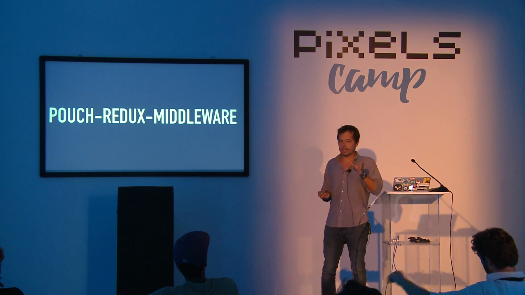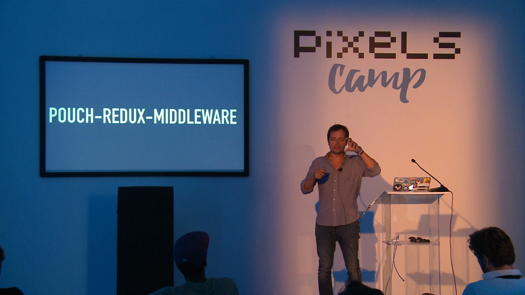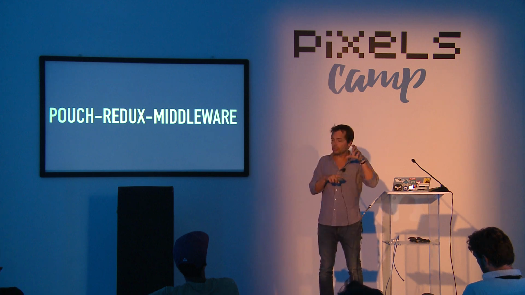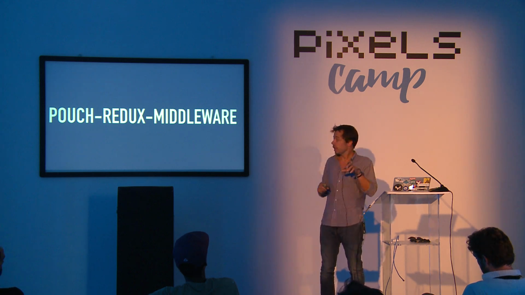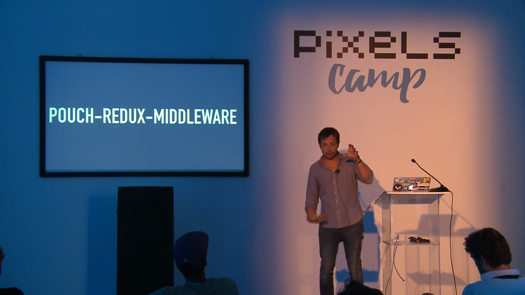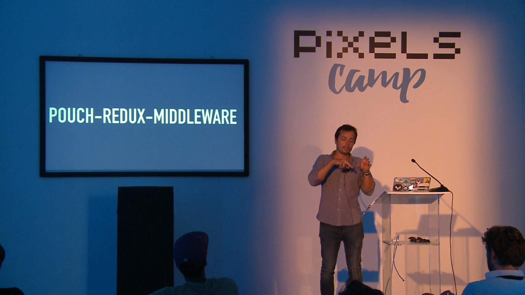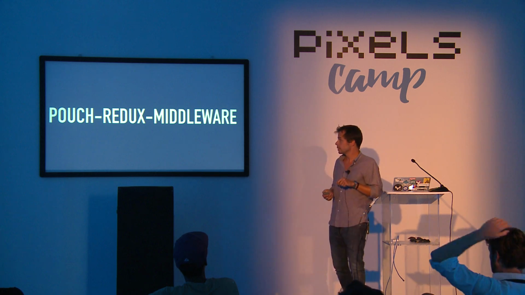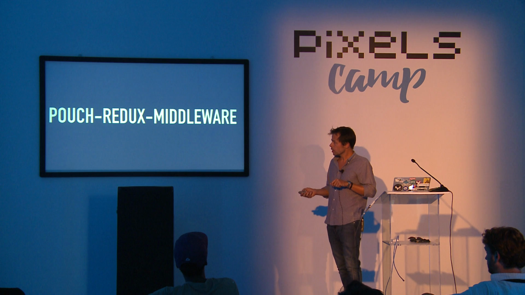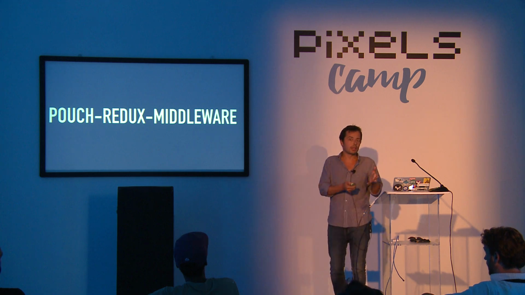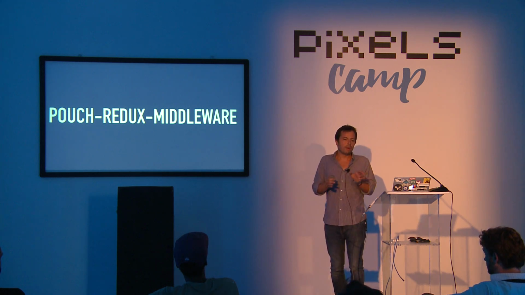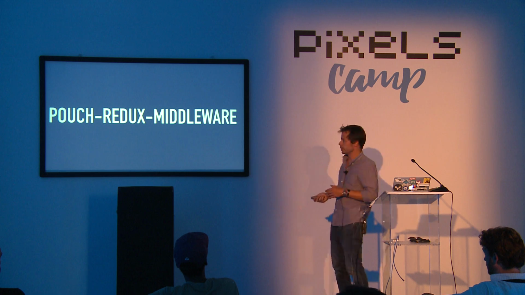Which means that any change happening to the Redux state is replicated into the PouchDB database, and vice versa. So any change coming from the server on the PouchDB database is replicated into the Redux state. So this allows you to create a React Redux application very easily on top of this type of architecture.